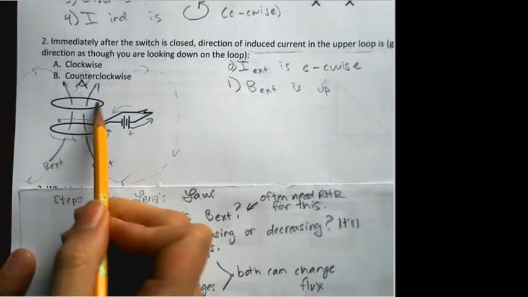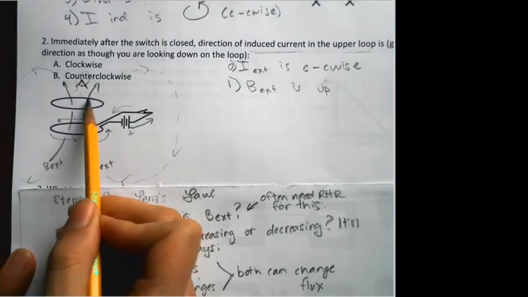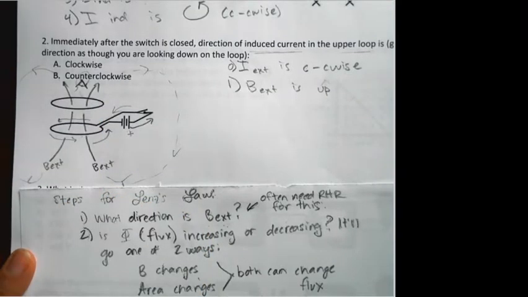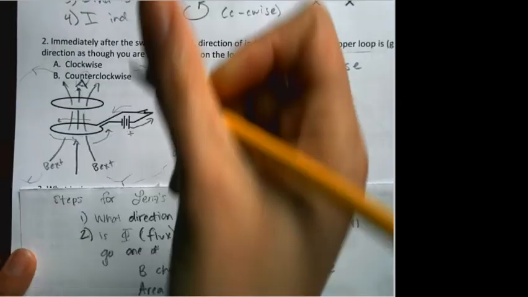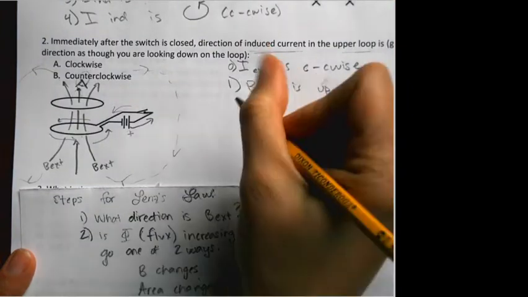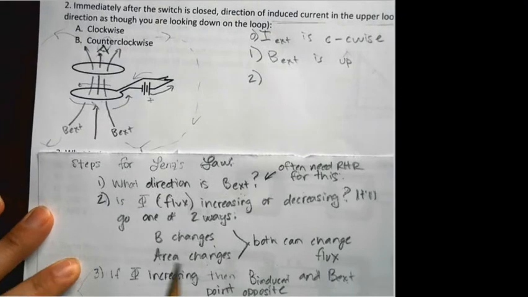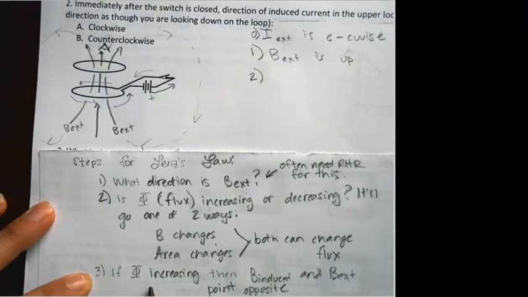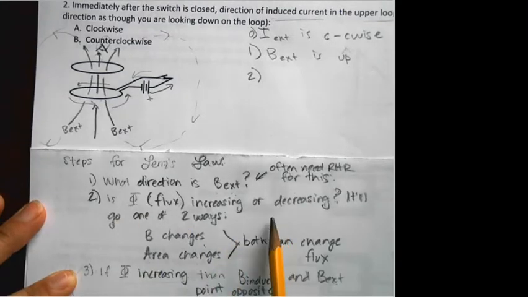But for induction, we're interested in the magnetic flux that actually goes through this loop, so we only care about the magnetic field here. There's my B external. Now the second step: is the flux increasing or decreasing?